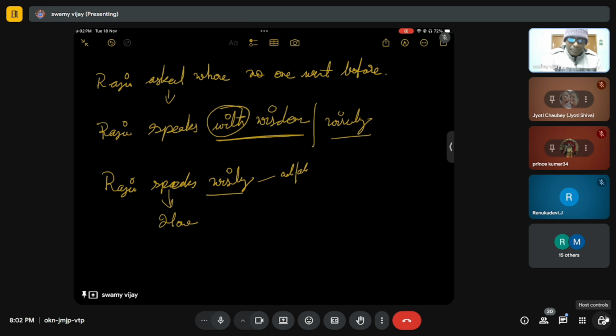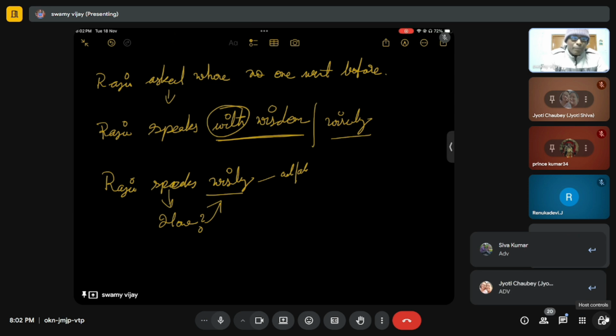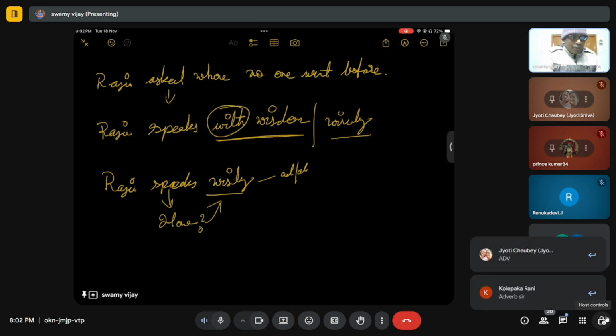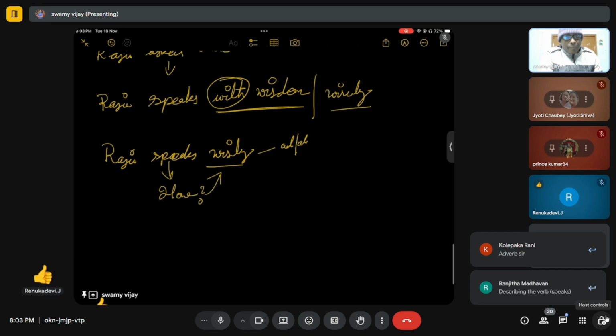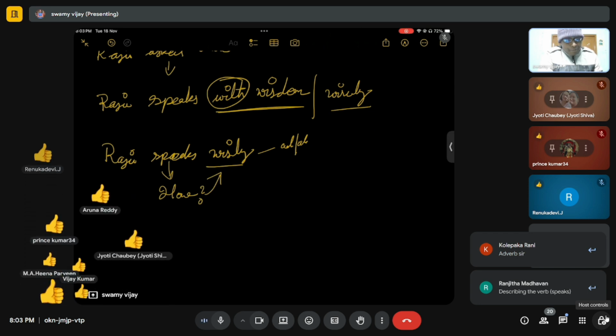It's an action. It's not about his looks. If you ask the question, how does Raju speak? He speaks wisely. It is an adverb. Everybody accept? Okay, adverb. Next.